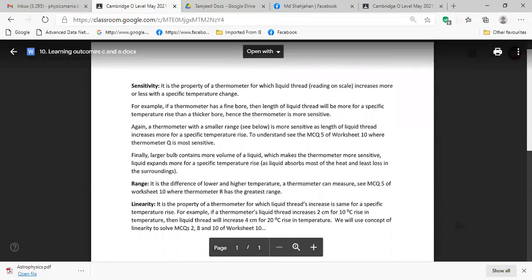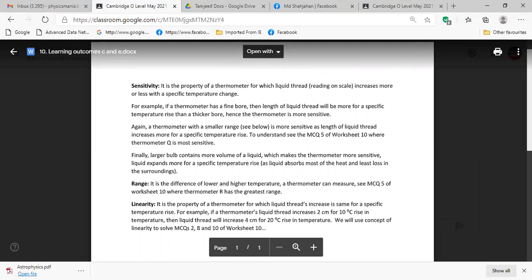Okay, look here. What is sensitivity? Can you read it loudly? It is a property of a thermometer for which the liquid thread increases more or less with a specific temperature change. For example, if a thermometer has a fine bore, then the length of liquid will be more for a specific temperature rise than a thicker bore. Hence, the thermometer is more sensitive. Okay, wait.